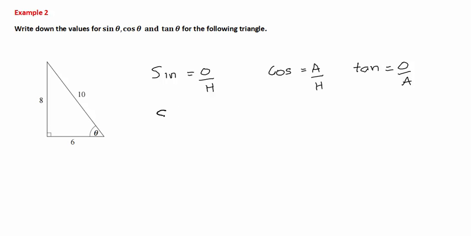Okay, so sine of the angle is opposite on hypotenuse, 8 on 10, which is the same as 4 on 5.